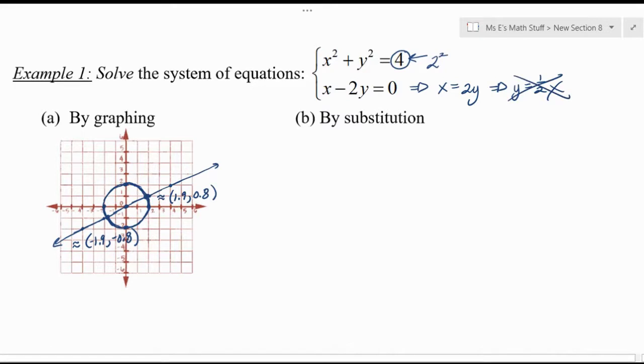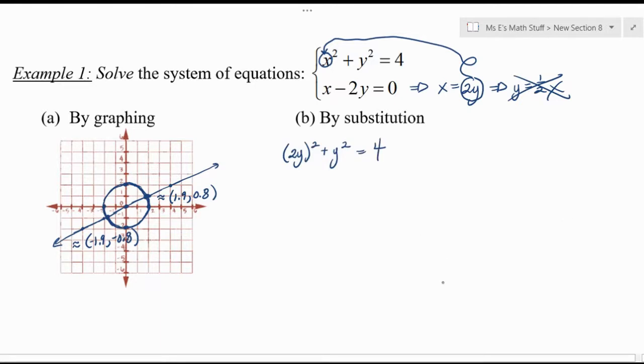I actually think it's going to be a cleaner solution if we just work with where we had isolated x. Then we could take 2y and replace x with it in this first equation. In that case, row 1 would read the quantity 2y squared plus y squared equals 4.